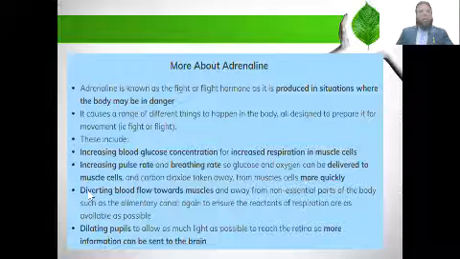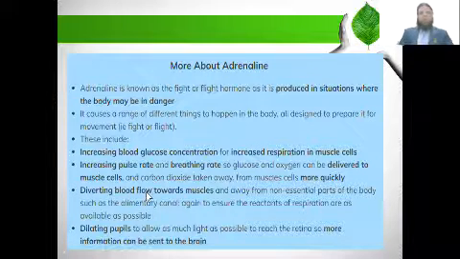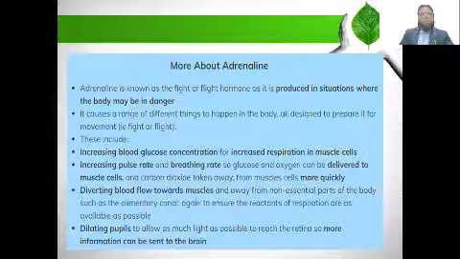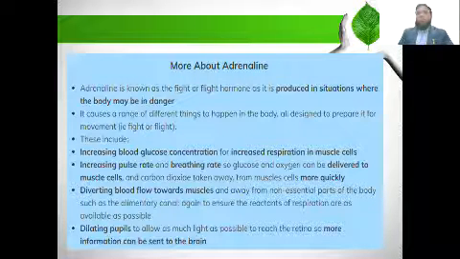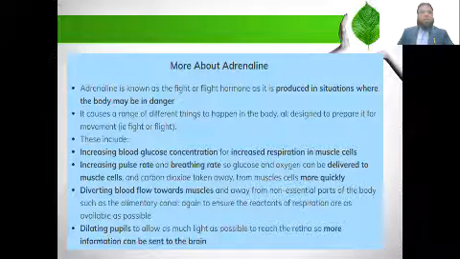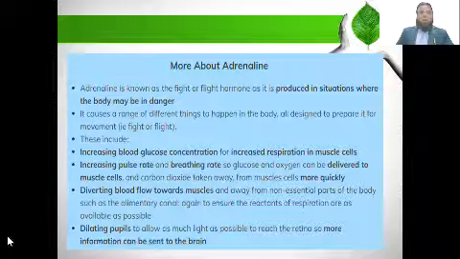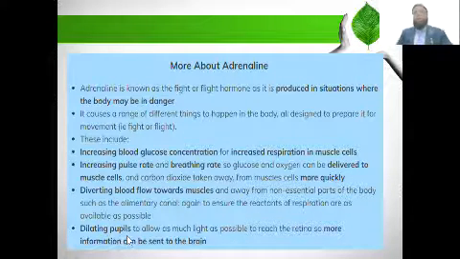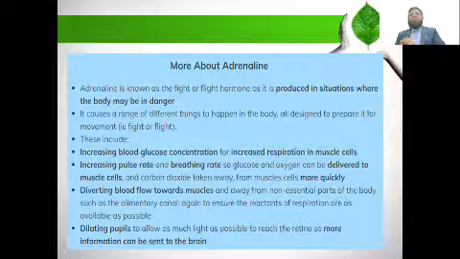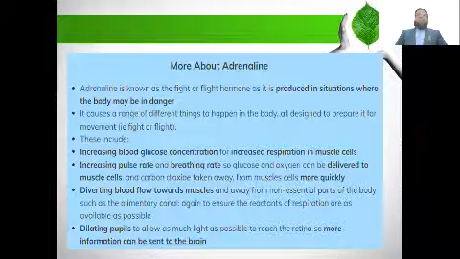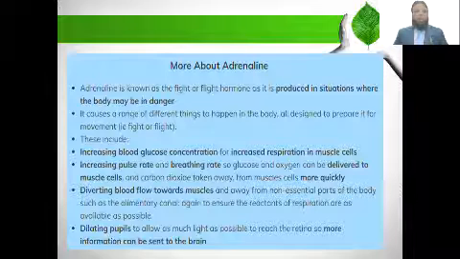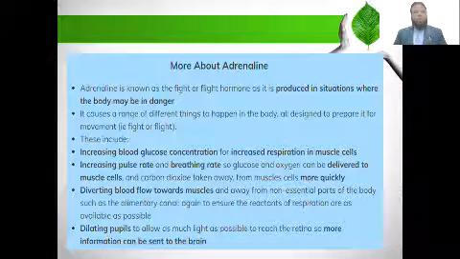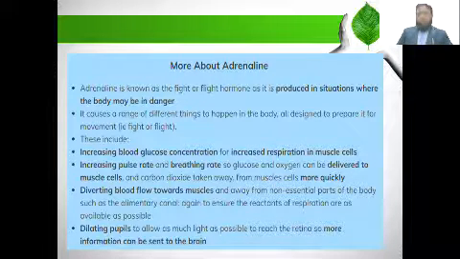It also diverts blood flow towards the muscles and away from non-essential parts of the body, such as the alimentary canal. Then dilating the pupils: during emergency action, we need to see things with dilated eyes. So during this the pupil size is increased.